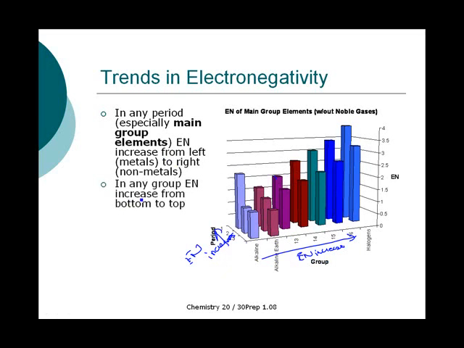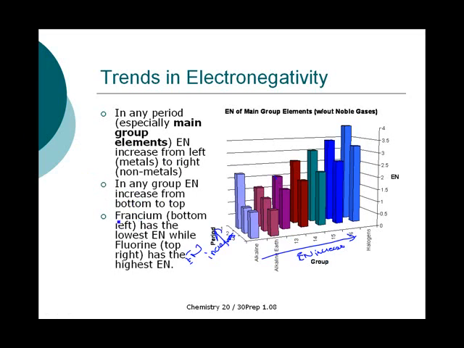So in any group, the electronegativity increases from bottom to top. And so this should show us that francium on the bottom left of our periodic table has the lowest electronegativity, while fluorine has the highest. It means francium isn't really all that attracted to its valence electrons, whereas fluorine is very attracted to its valence electrons.